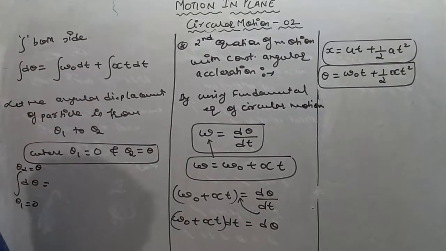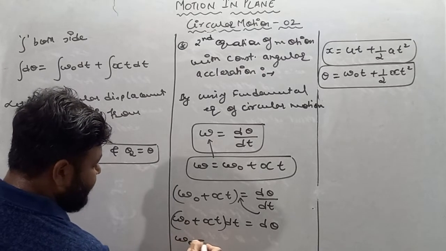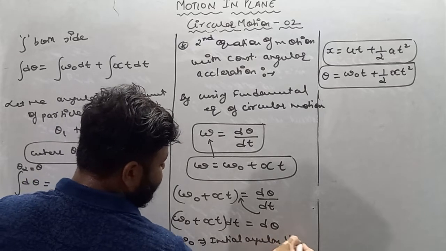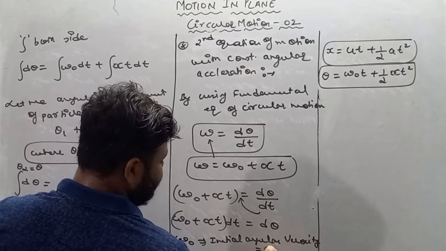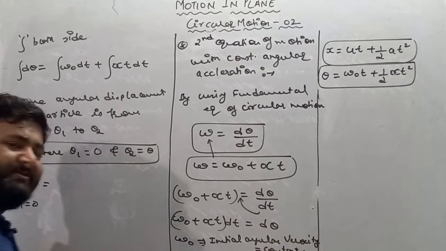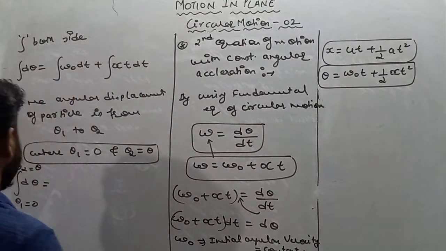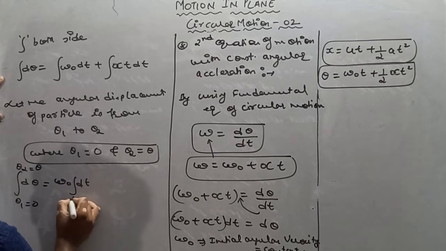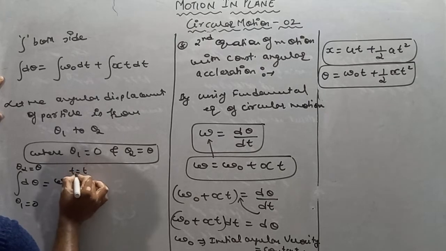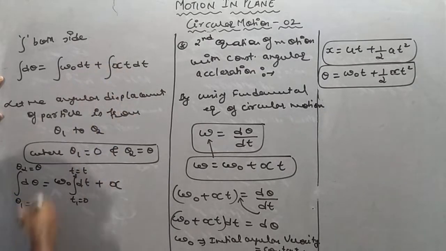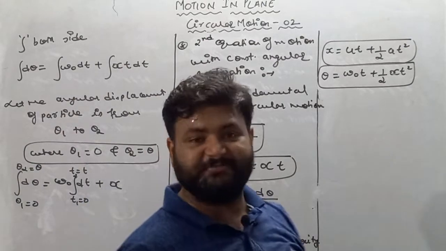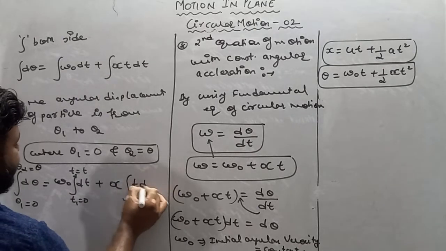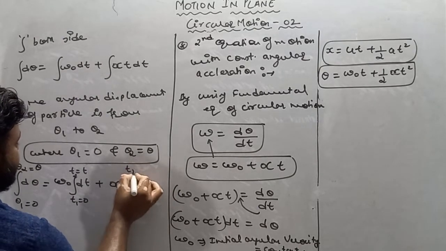So omega naught, which is initial angular velocity, remains constant, my dear students. This term is constant. So as we know, a constant comes outside the integration. So omega naught comes outside, it is dt, and time is from t1 0 to t2, it is equal to t, plus alpha comes outside because alpha is angular acceleration, and we all know angular acceleration is constant here. So alpha comes outside, t dt, and t1 is 0, t2 is t.